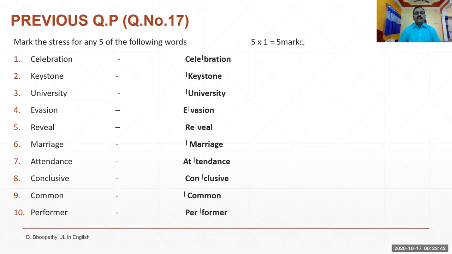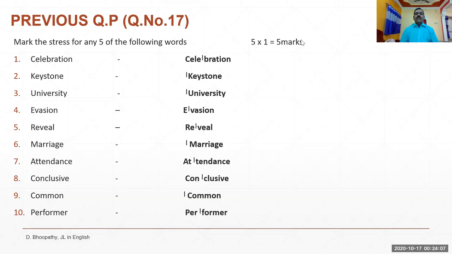Reveal, the second syllable is stressed. Marriage, first syllable is stressed. Attendance, the second syllable is stressed. Conclusive, the second syllable is stressed. Common, first syllable is stressed. Performer, the second syllable is stressed.